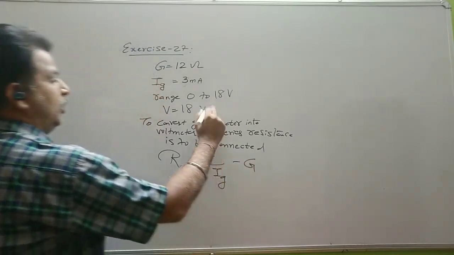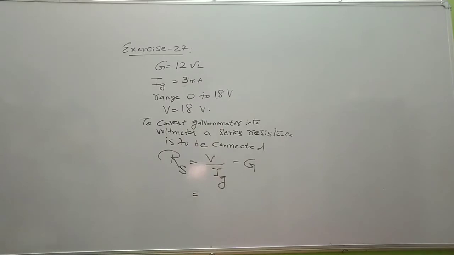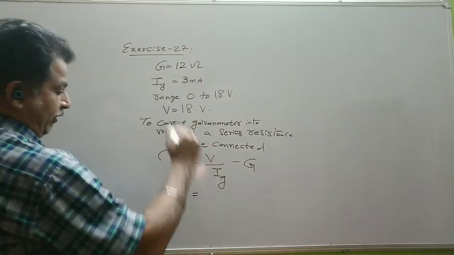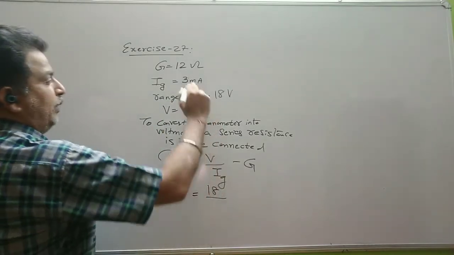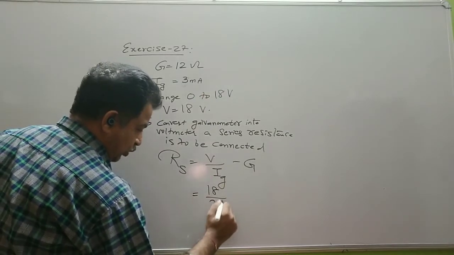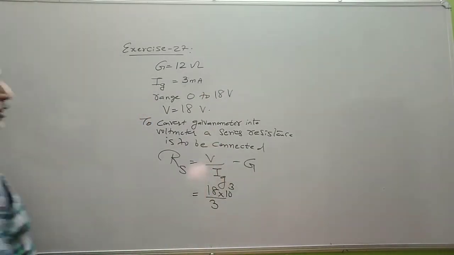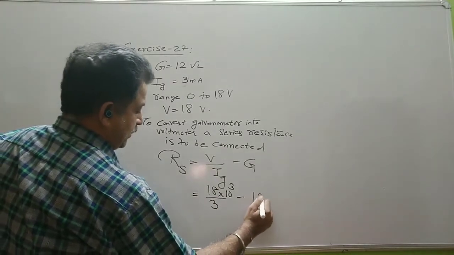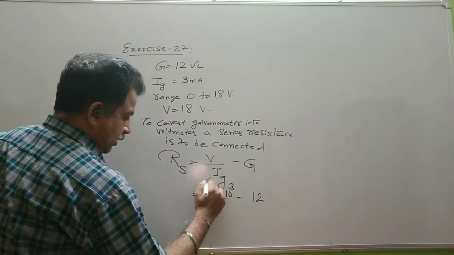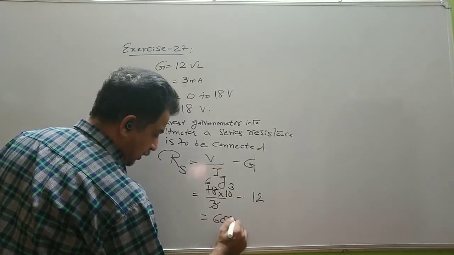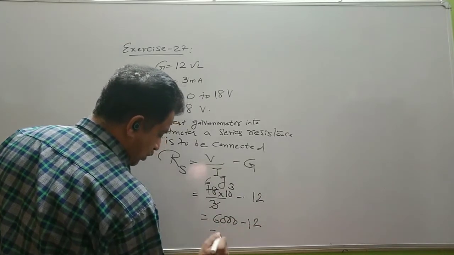So we have to make a voltmeter of 18 volts. So 18 divided by 3 milliampere, that is 3 into 10 raised to minus 3. So 3 is brought in the numerator, 10 raised to 3, minus the resistance 12. So it becomes 6000 minus 12.